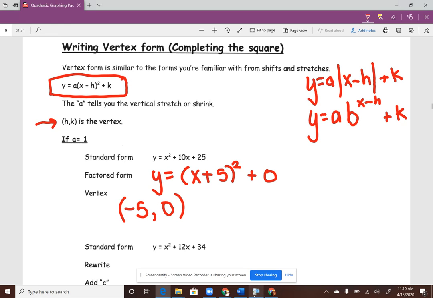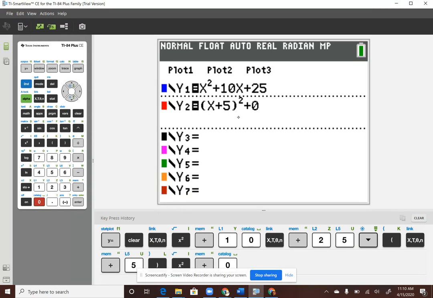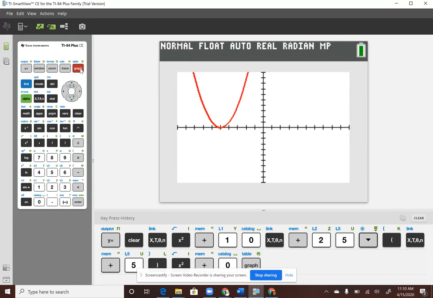And we can look at that on our graph. I typed them both in, and again, I added the plus 0 just to demonstrate the point that that vertex is there. So if indeed these two things are equivalent, when I hit the word graph, I'll get the same picture. And hopefully you noticed it came pretty quick, that first it was blue and then it was red.